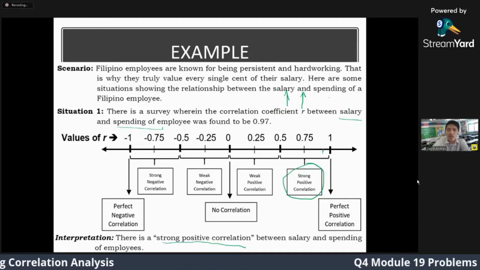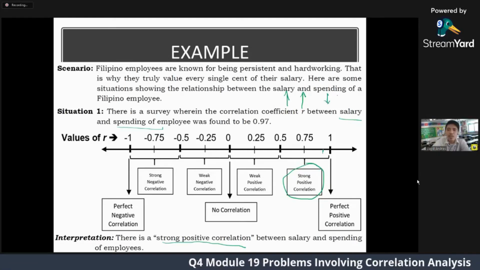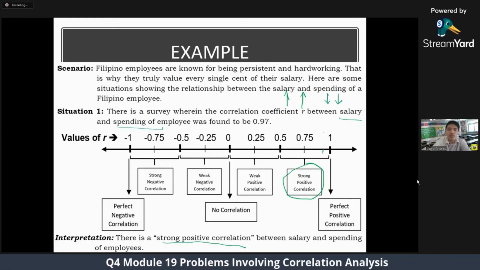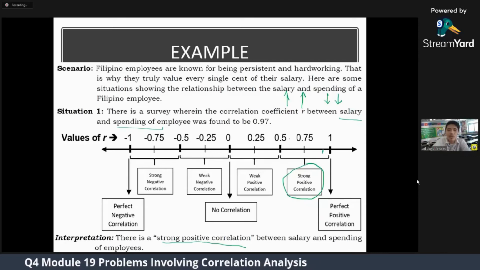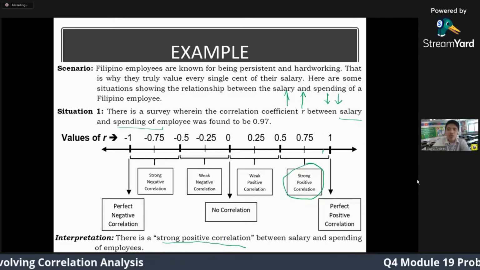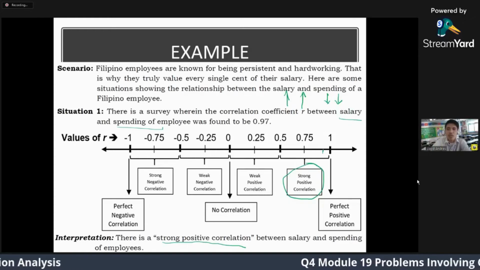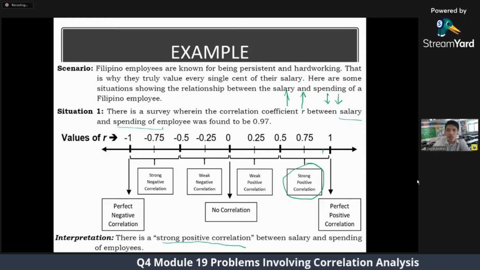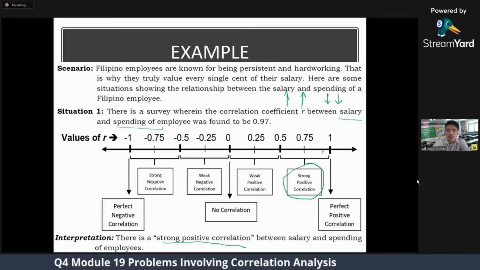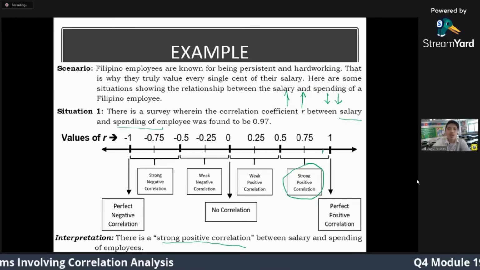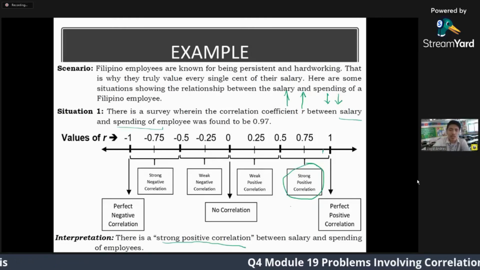As well as, pwede pod ni mo interpret nga kung gamay ang salary, meaning, gamay ra pod iyang ma-spend. So, mao na ang positive correlation. Same siya og effect. Positive meaning taas, dako kag sweldo, dako kag spend. Kung gamay kag sweldo, meaning gamay pod imo ma-spend. And it is a strong correlation, meaning strong kaayo ang relationship nila. So, ingana ang pagsabot ana.